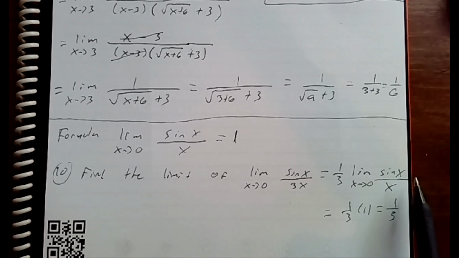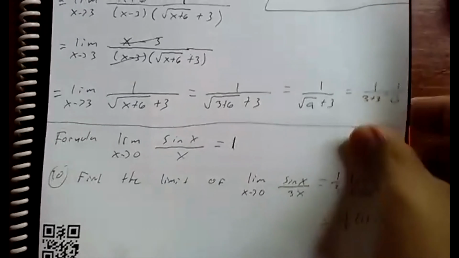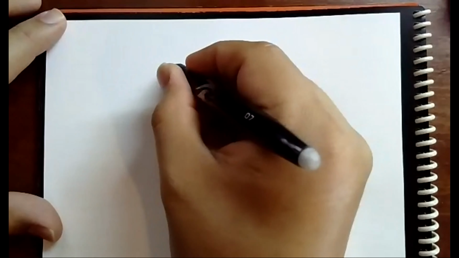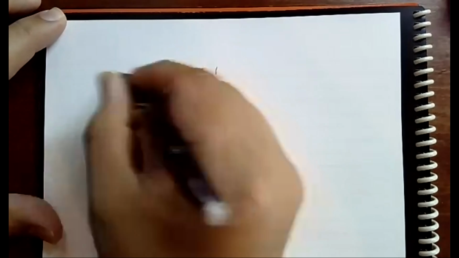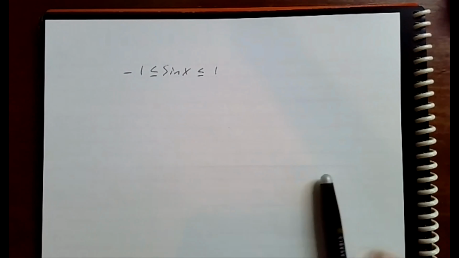But if you want to know why it's 1, we could go through the proof really quick. Let me show you. If we go back to unit circle days, we know that sine x has to be between 1 and -1, right? Do you remember that? The biggest it ever gets on the circle is 1.